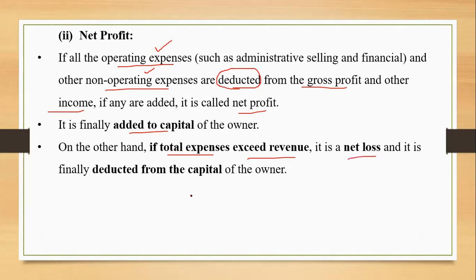And if it is a net loss, it will be deducted from the capital in the balance sheet. If profit is added, it is because my liability towards the owner increases. पहले capital ही देना था, लेकिन इस साल का इतना profit है तो profit भी तो owner को ही देना है. So my liability towards the owner increases. In a similar way, if it is a net loss, it will be deducted from capital because my liability towards the owner decreases.